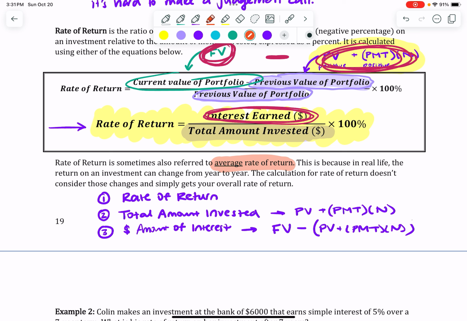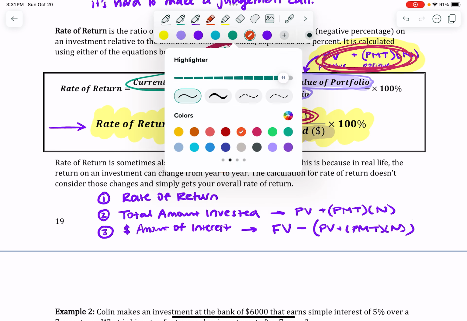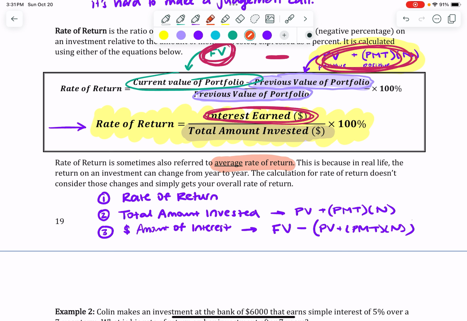We also use average rate of return when we're talking about a larger portfolio because, similarly to stocks, you could have a bunch of different things that all have different rates of return. So maybe you have a GIC that has a pretty good rate of return, and a checking account that has a rate of return but it's much lower because your interest rate is lower. You might also have a rate of return for, let's say, a savings bond.